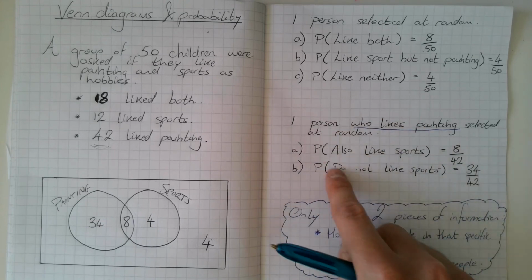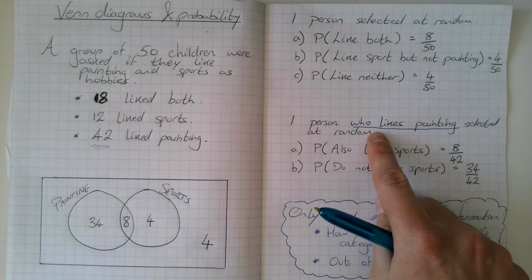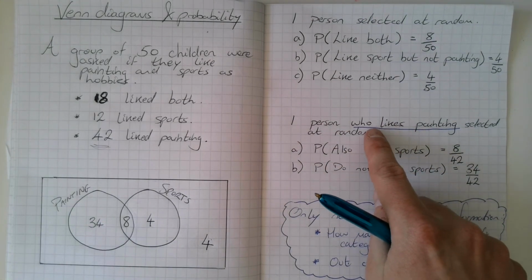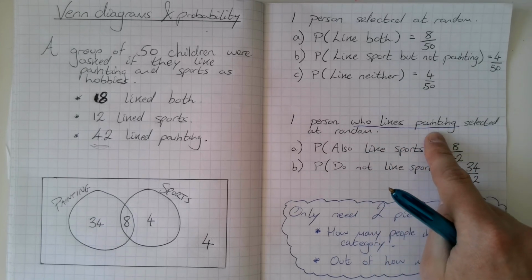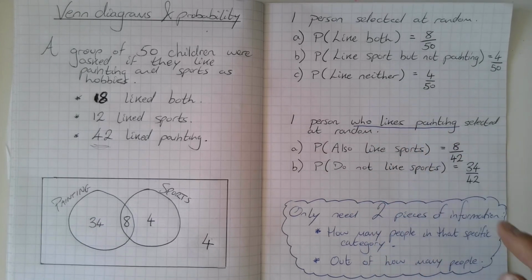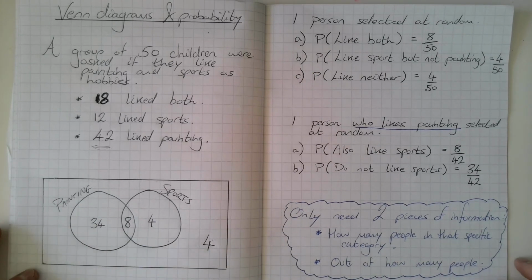So in these 2 questions, the person was chosen out of the people who like painting. And that's going to affect the number on the bottom of your probability. So again, the only 2 pieces of information you need: how many people are in that specific category, and secondly, out of how many people are you interested in.